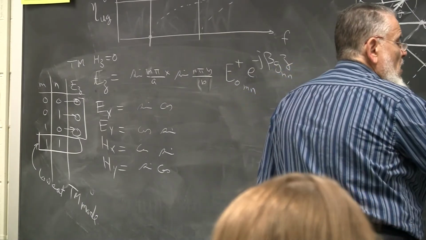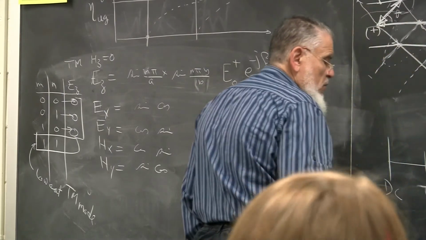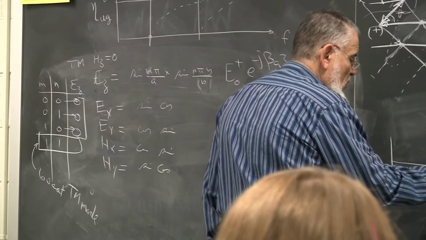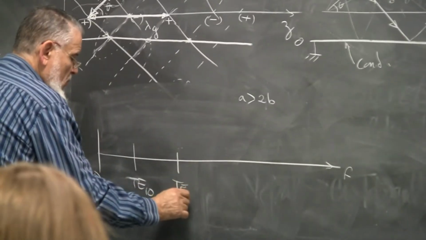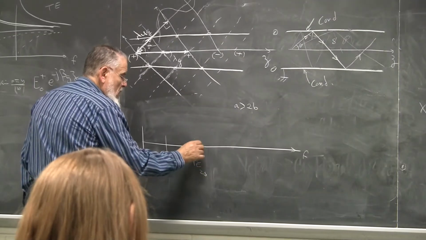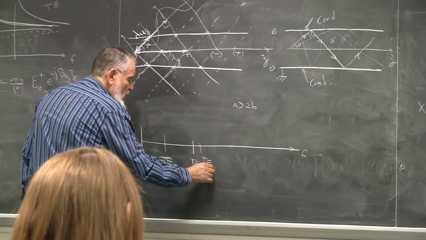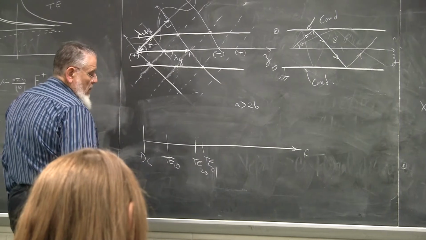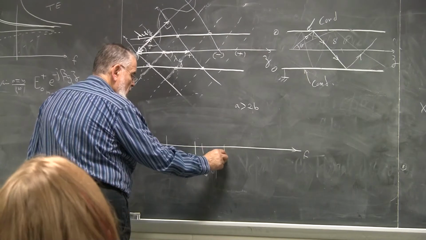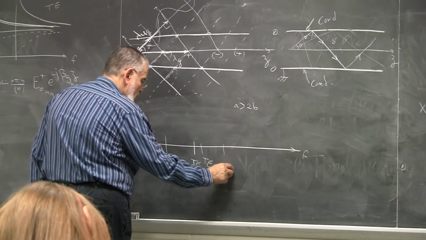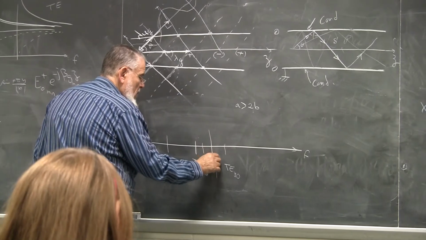And if we say A is greater than 2B, which we said before is the best situation that we can use, then you have the TE20 will be the next one. Right after that you get TE01. That will be TE30. TE11 will be right there.